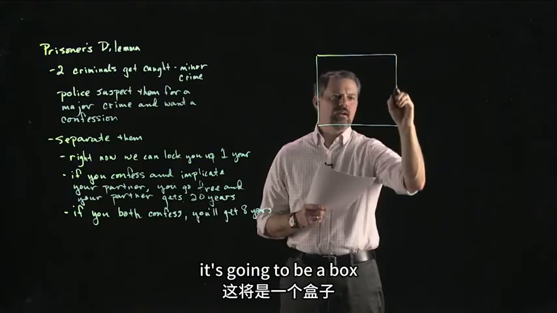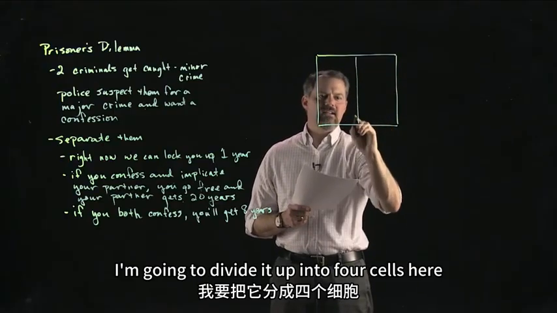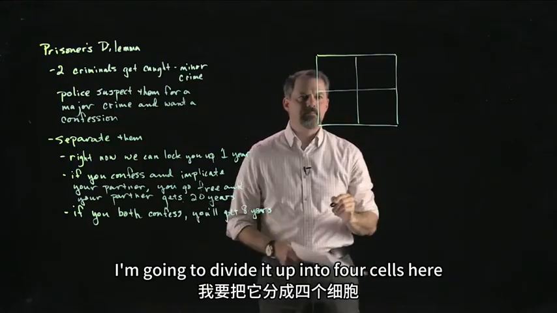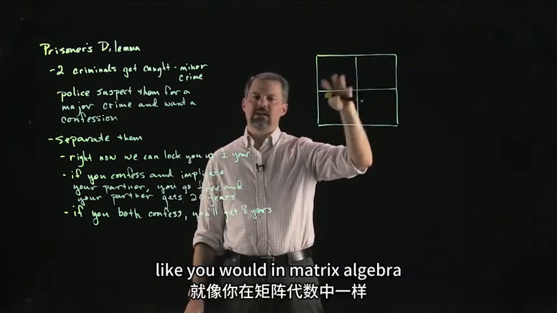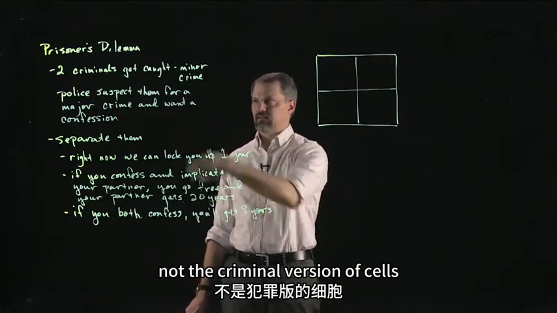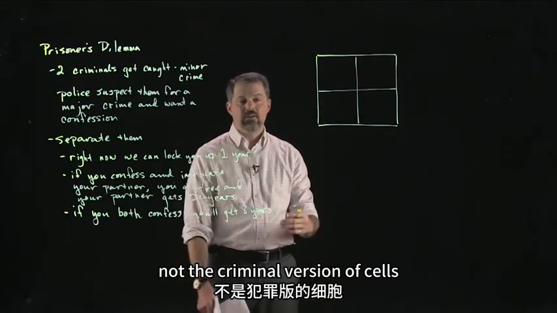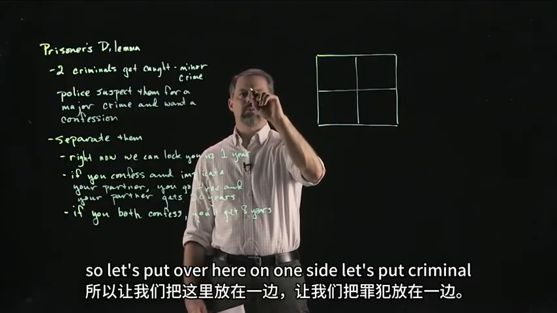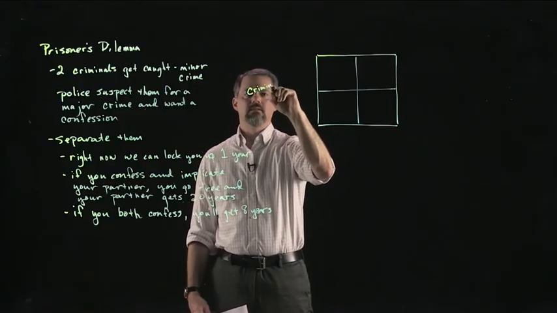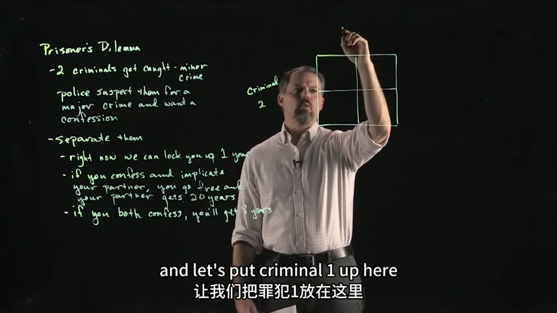It's going to be a box. I'm going to divide it up into 4 cells here. And I'm using the word cells like you would in matrix algebra, not the criminal version of cells. So let's put criminal 2 over here on one side, and criminal 1 up here.